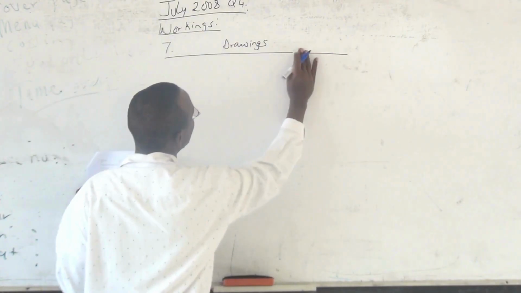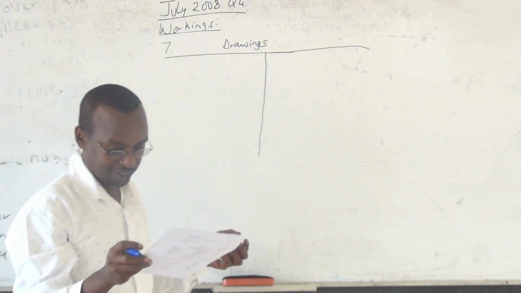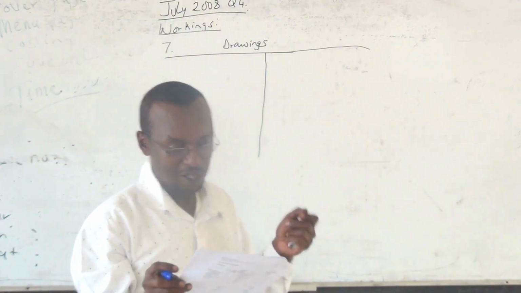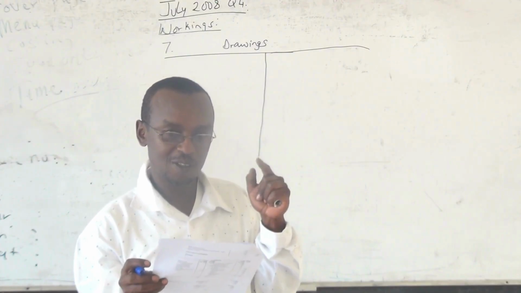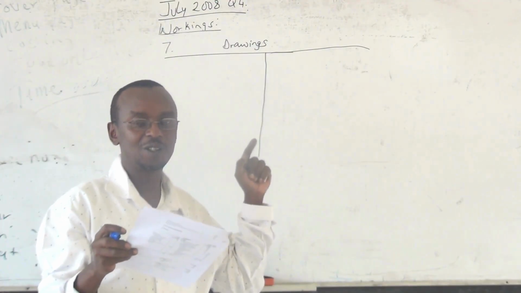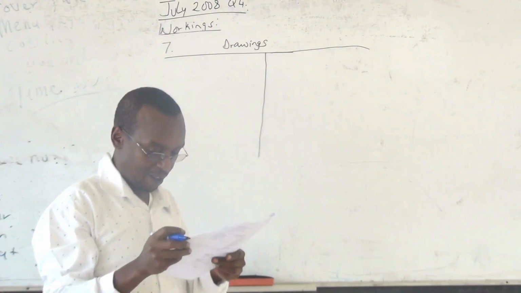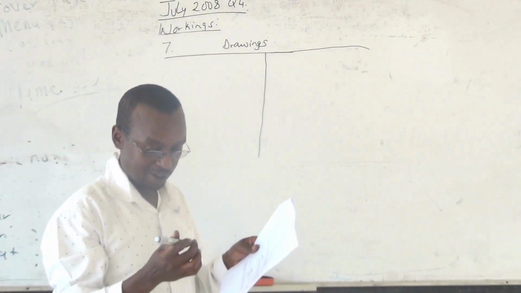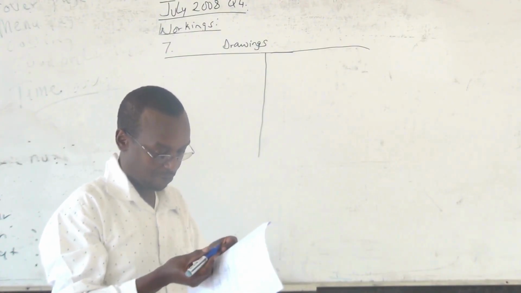How can we define drawings? It could be either cash or goods that were taken for personal use. In case of goods taken for personal use, you treat it in the trading account, less from the figure of purchases. If it is cash, you put it in a drawings account, then it will be used to reduce what? The capital.